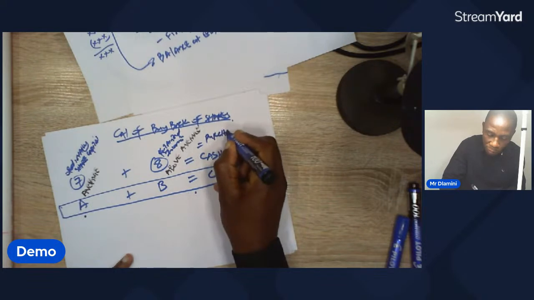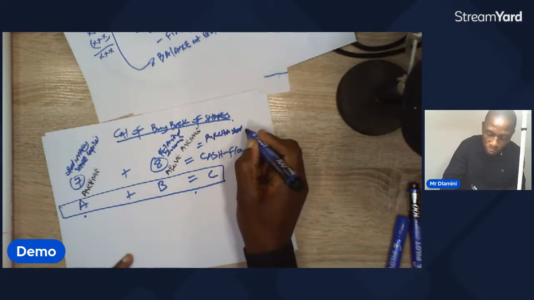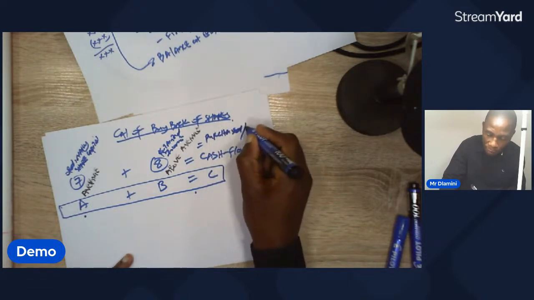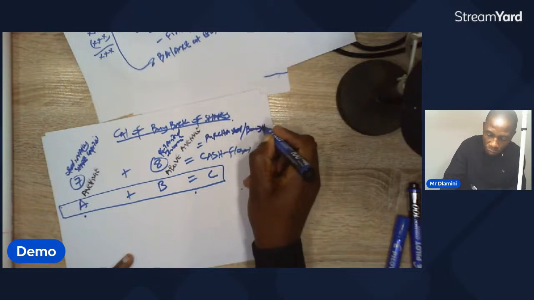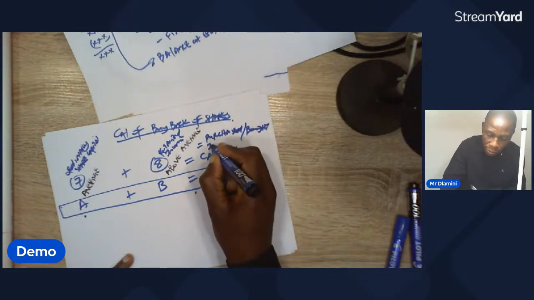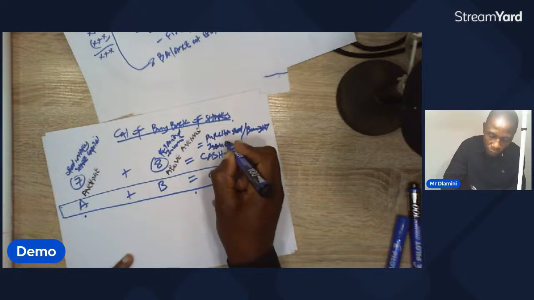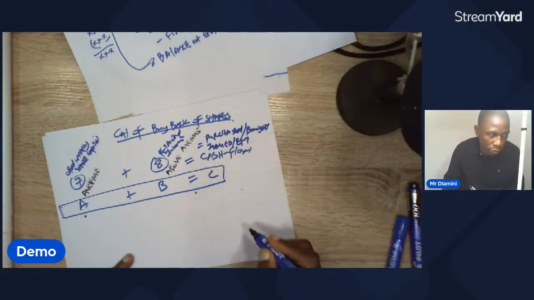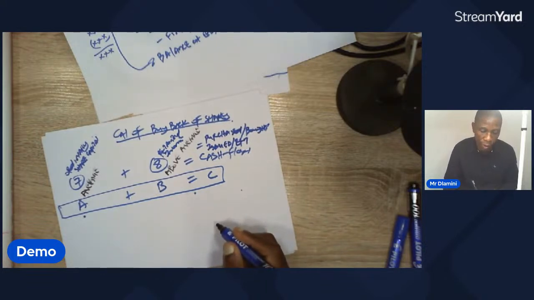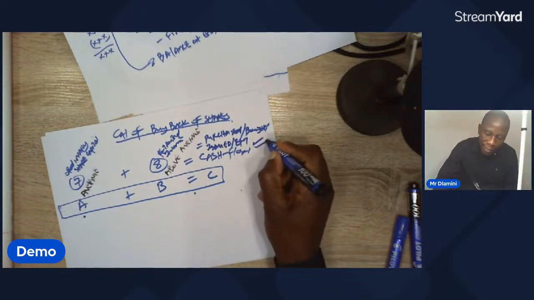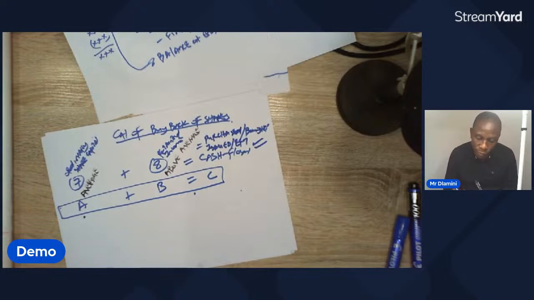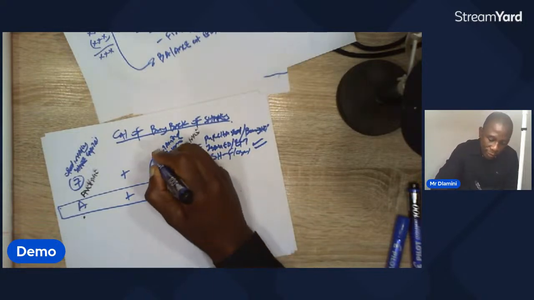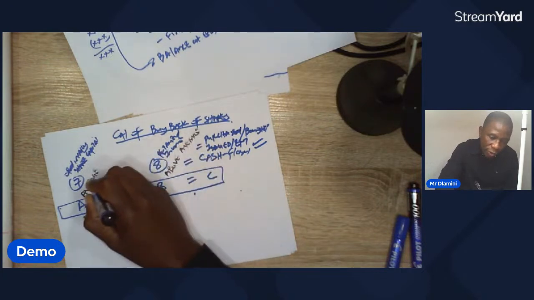If the information says purchased, you know C is the purchase price, or bought, or issued, or maybe EFT, any method of payment. Normally you are given information on C, and then we have to calculate either the above average or the average.